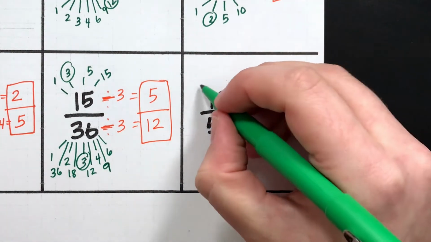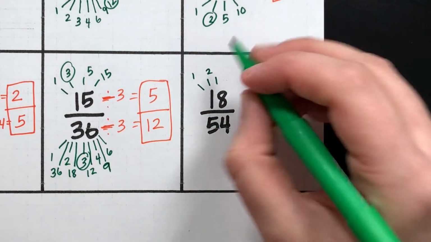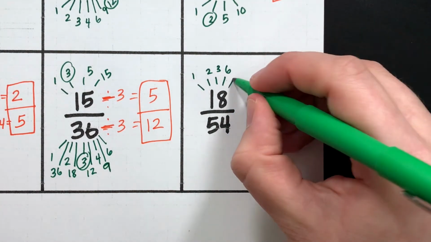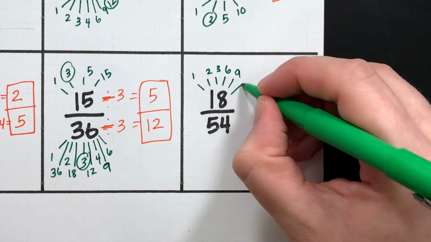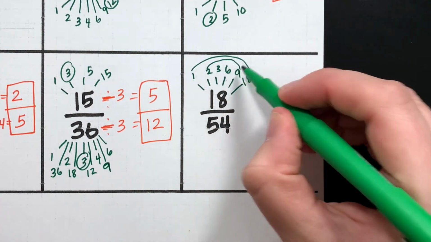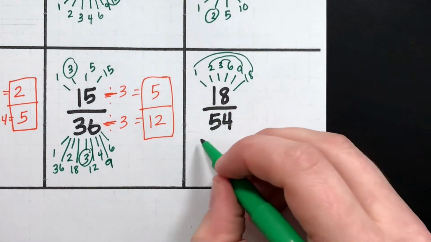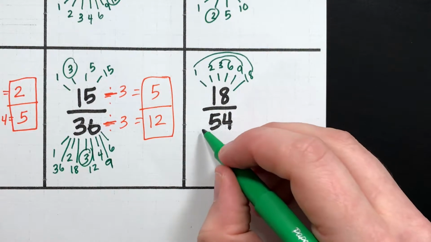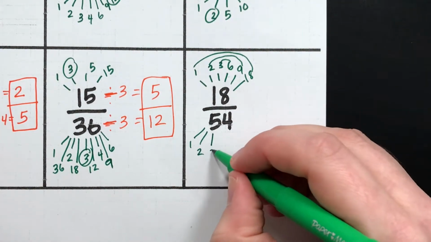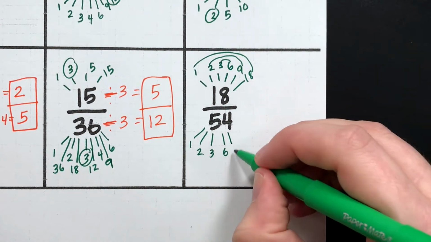So 18. We have 1, 2, 3, 6, 9, and 18. Okay, 1 times 18 is 18, 2 times 9, and 3 times 6. So now let's look at 54, sorry. We have 1, 2, 3, 6, 9.